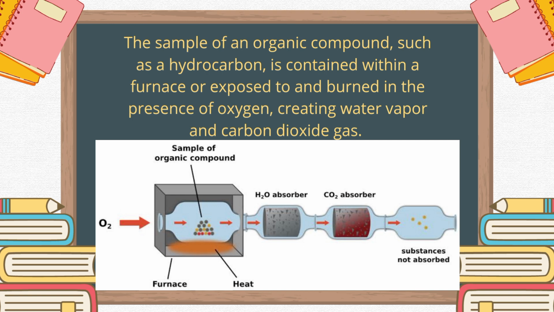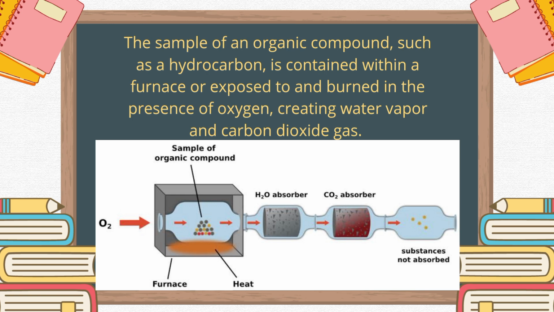The water will get absorbed by your H2O absorber, and the carbon dioxide gets absorbed by your CO2 absorber. The idea there is to figure out how much water and how much carbon dioxide came from our sample once we allow it to undergo combustion.